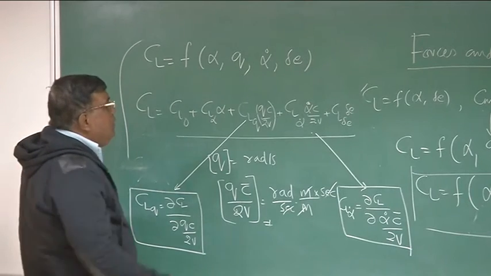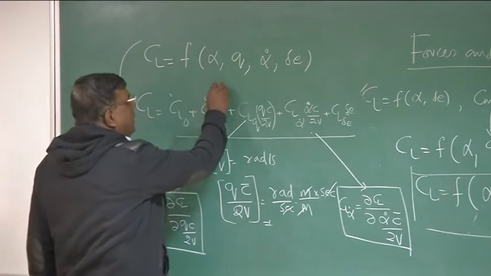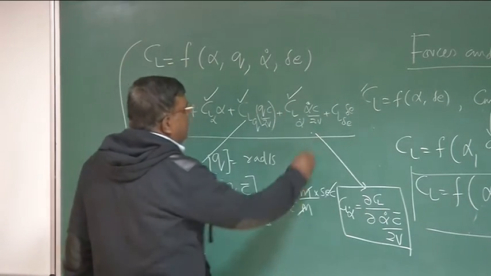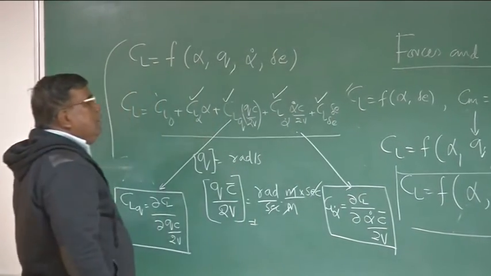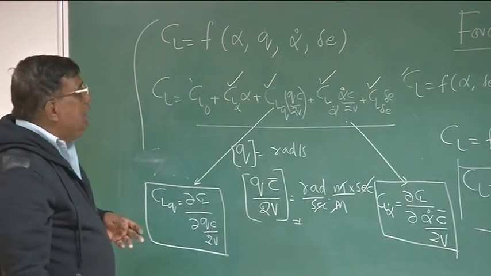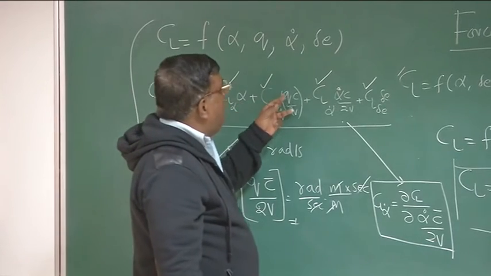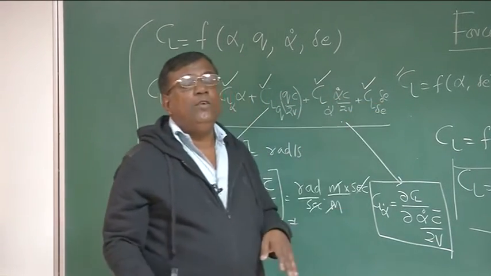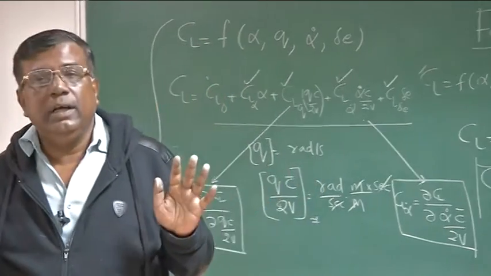Now we need to know each of these derivatives. What is CL alpha? What is CLQ? What is CL alpha dot? And what is CL delta E? If I know this, then when I am writing the equation of motion, if I know the value of alpha, Q, alpha dot, and delta E, I will know how much CL it is generating. As simple as that.